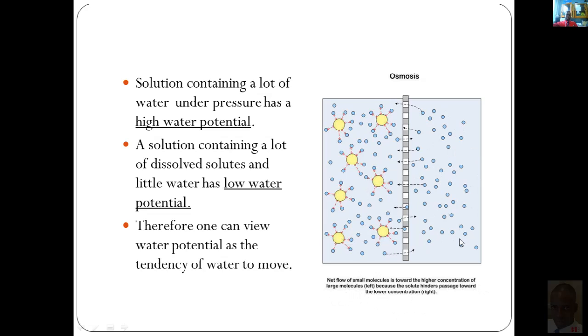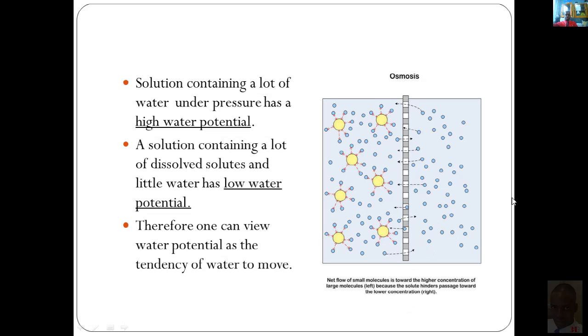Now the net movement, according to your original understanding, the net flow of small water molecules would be towards the higher concentration of large molecules that's on the left here. And that's not the way I wanted to describe it. I wanted to describe it as where we have the higher water potential.